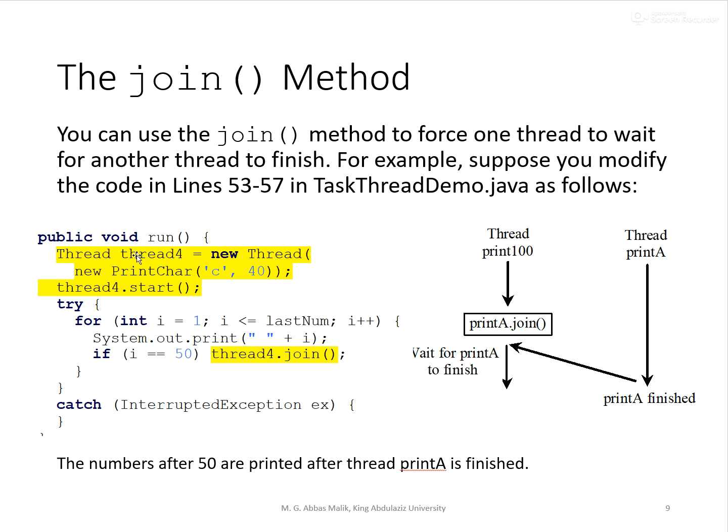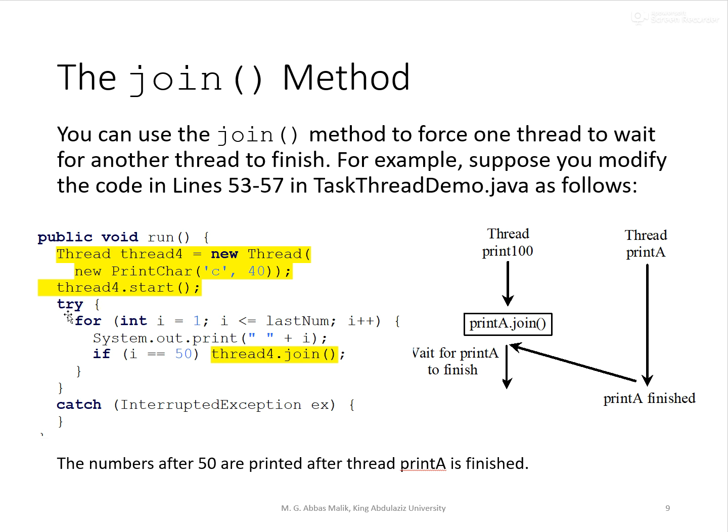Over here, you're creating thread 4, a new thread inside the run method of printNum, which itself is running inside the print100 thread, thread 3. So inside of that, you're creating another thread, thread 4, creating an object of the printChar class, and you're printing the character C 40 times. And you're starting the thread by calling the start method.